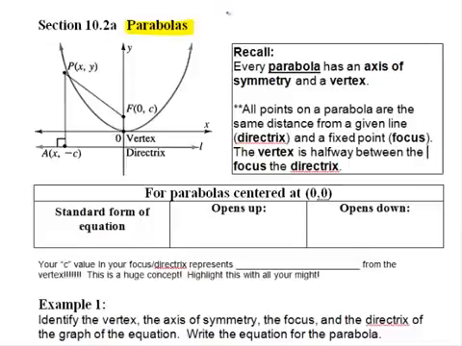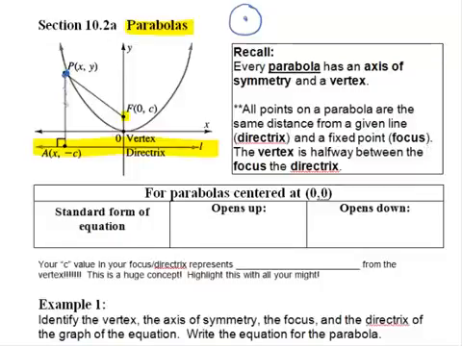Whereas yesterday we talked about circles, where every point on the circle is equally distant from the center, the parabola, on the other hand, is focused on something called the focus and something called the directrix. Every point on a parabola is equally distant.